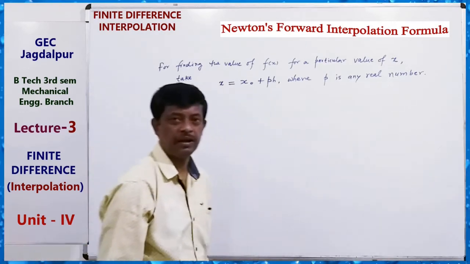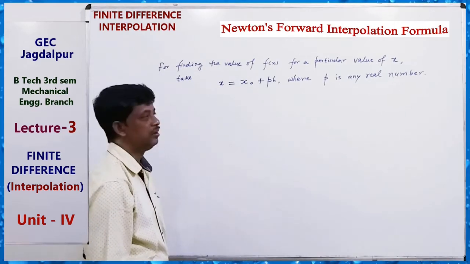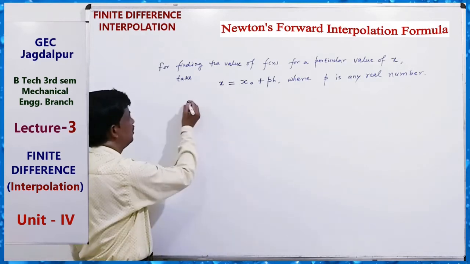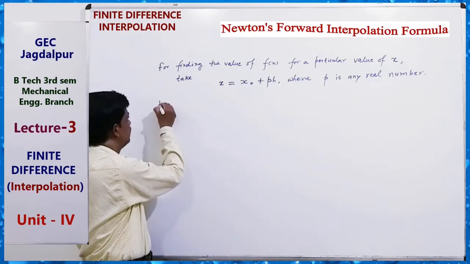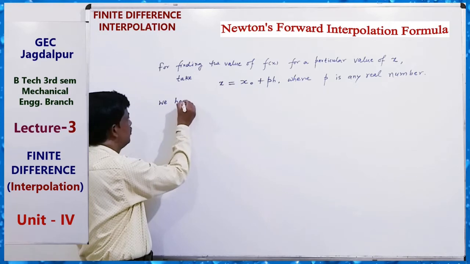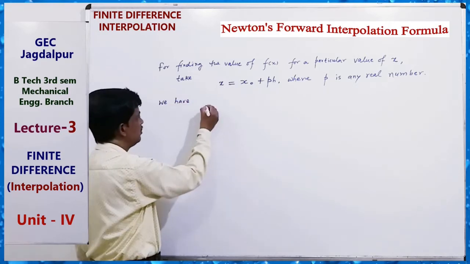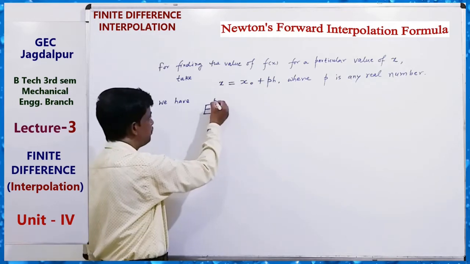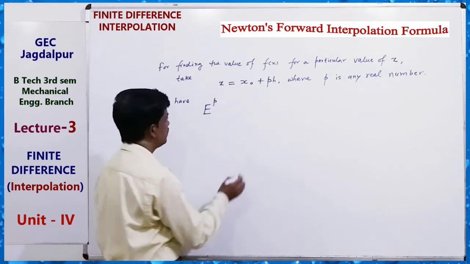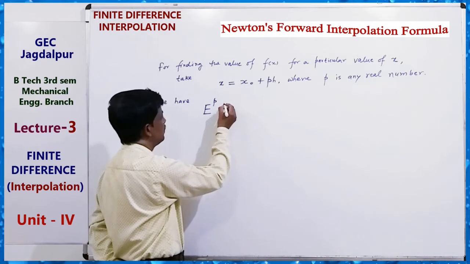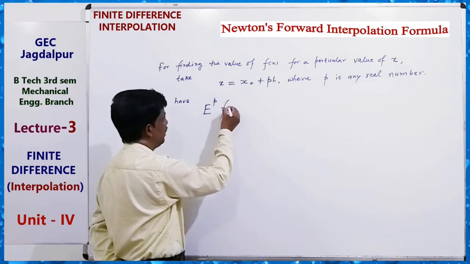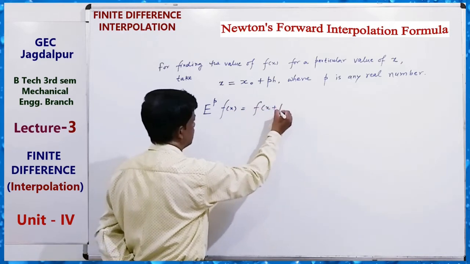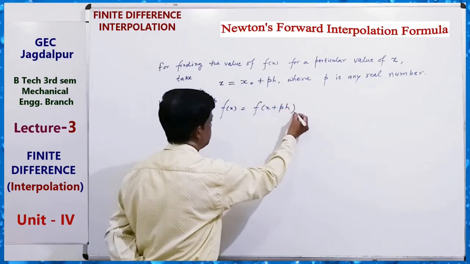Now we have to derive the forward interpolation formula. Here we have E to the power p of f(x) is equal to f(x plus ph).